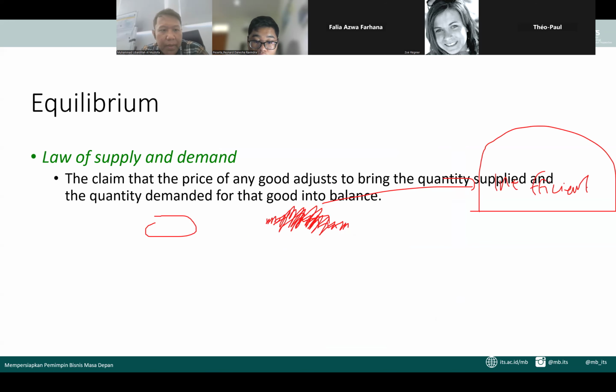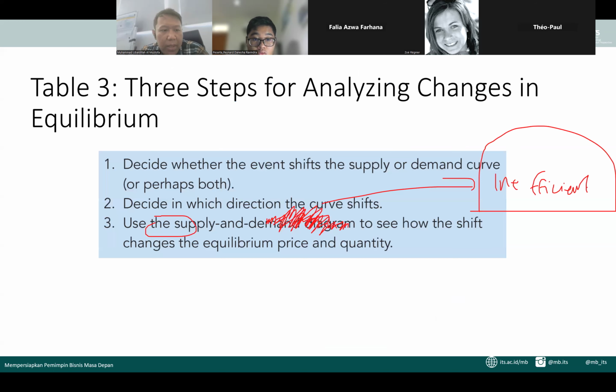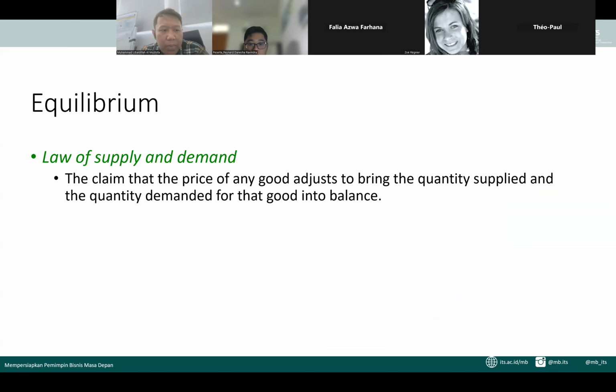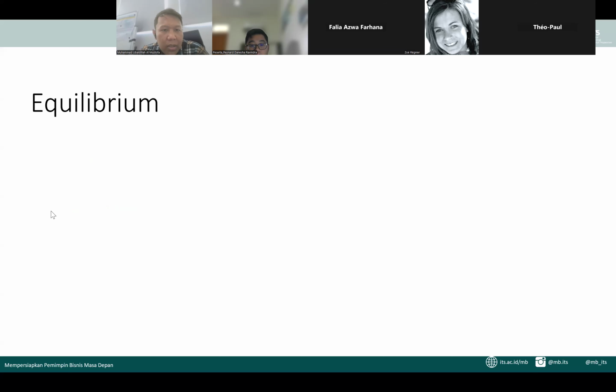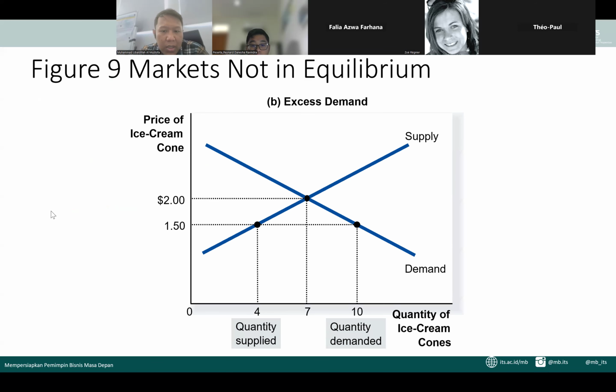In the law of supply and demand, there's a claim that the price of any good adjusts to bring the quantity supplied and the quantity demanded for that good into balance. So when we have a shortage, the supplier will try to increase the price so that it can supply more.